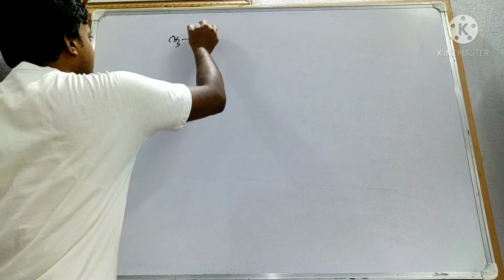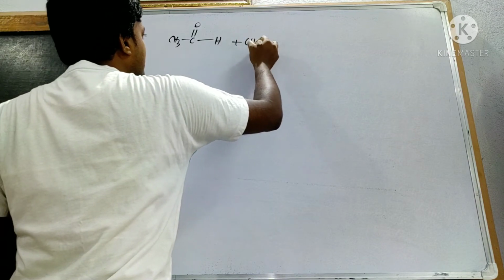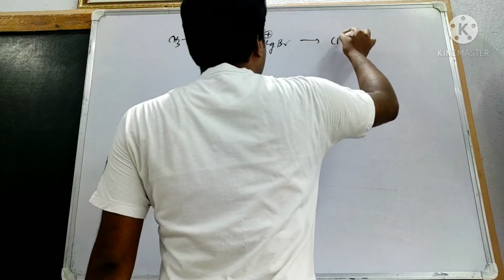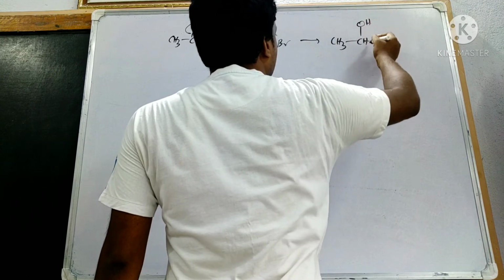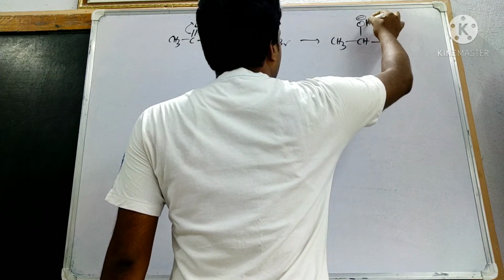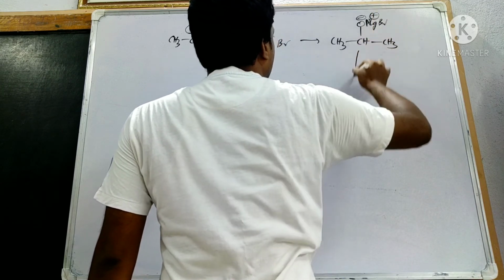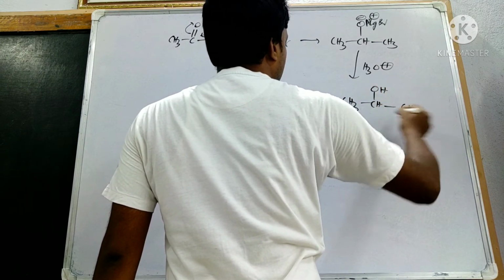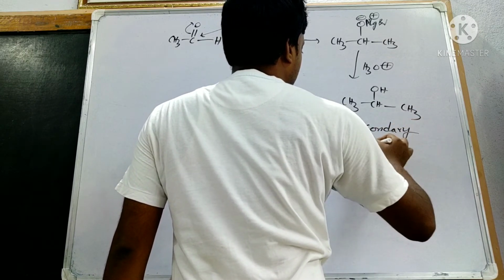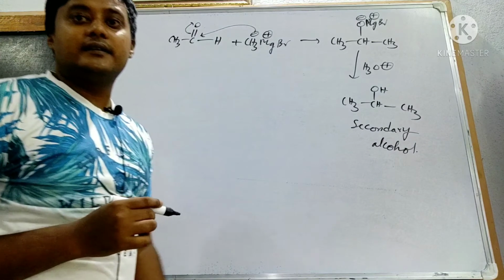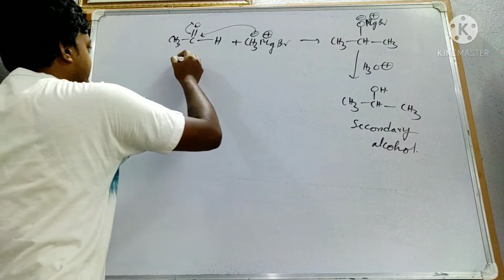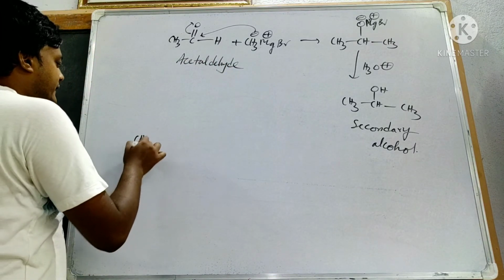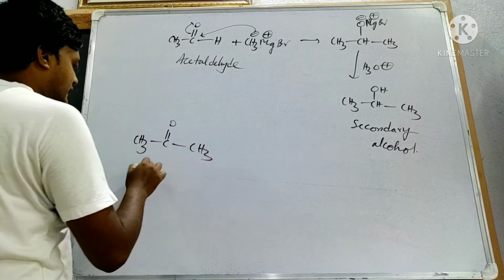Acetaldehyde gives secondary alcohol. Acetaldehyde to secondary alcohol, and acetone will give 3-degree alcohol.